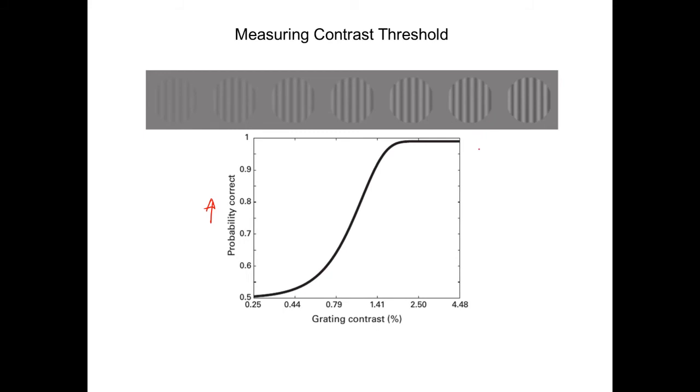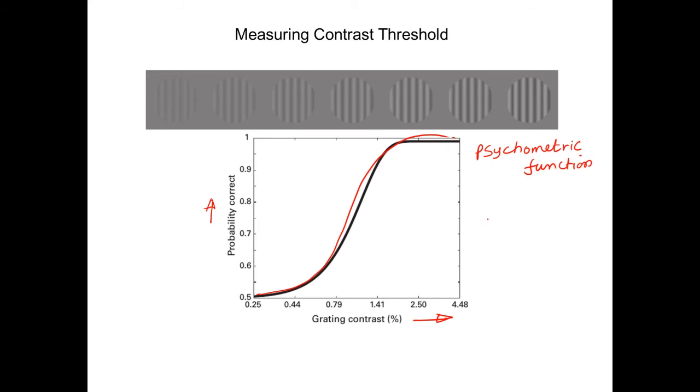As you remember from the earlier class, this is a psychometric function. The x-axis is the grating contrast, and the y-axis is the probability of a yes answer, and this is the yes curve. You can recognize this as a psychometric function.